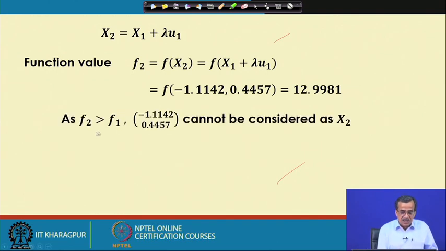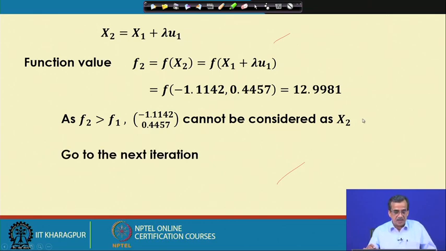Now, as f 2 is found to be greater than f 1, f 2 was 0.0. So, f 2 is found to be greater than f 1. So, this particular solution cannot be considered as x 2, because this is not a good solution. So, we go for the next iteration.